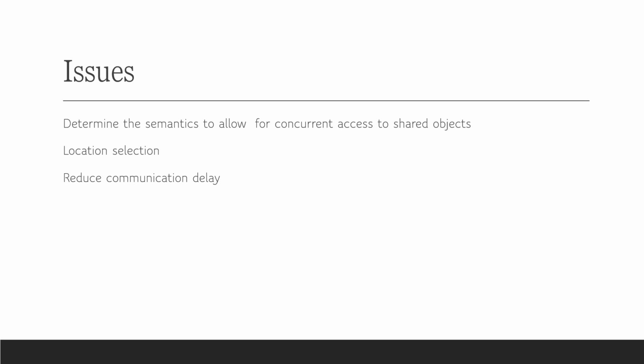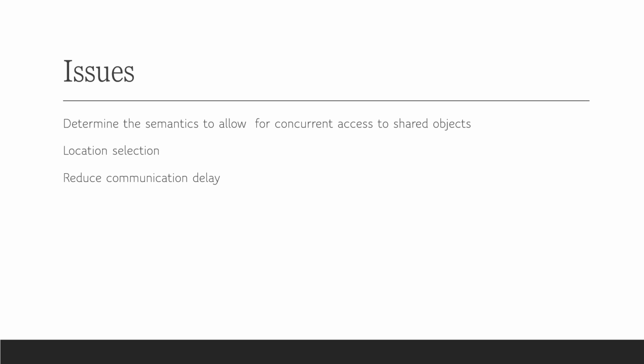Still, some issues remain when we are designing a distributed shared memory system. What do we need to focus on? First, determining the semantics to allow concurrent access to shared objects, because parallelism is very important, and by implementing parallelism we can avoid unnecessary congestion, overhead, etc. Second, determining the best way to implement those semantics of concurrent access to shared data, either read replication or write replication.